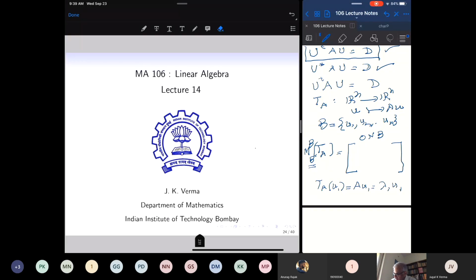So the coordinate vector of Au1 is simply lambda 1, 0, 0, etc. Then to get the second column vector of the matrix of T_A with respect to the basis B of eigenvectors of A, take T_A acting on u2, that is equal to Au2, and that is lambda 2 u2. And so the second column vector is the coordinate vector of Au2, which is simply 0, lambda 2, 0, etc. Okay, so that's how it continues.